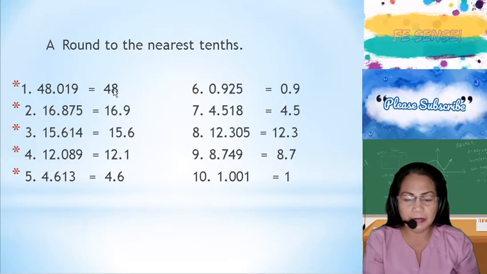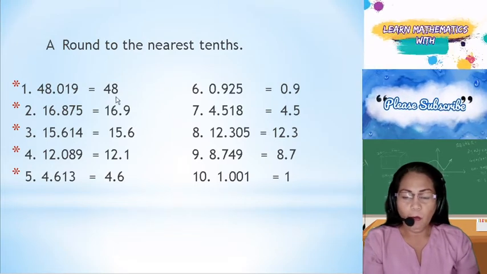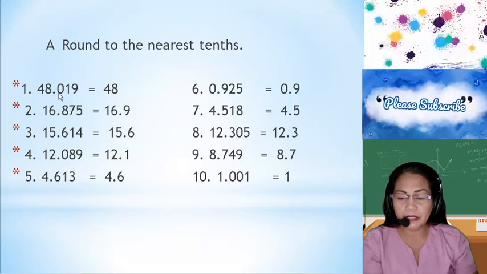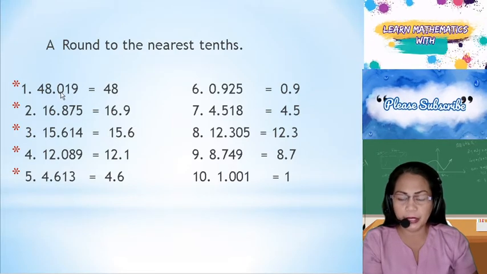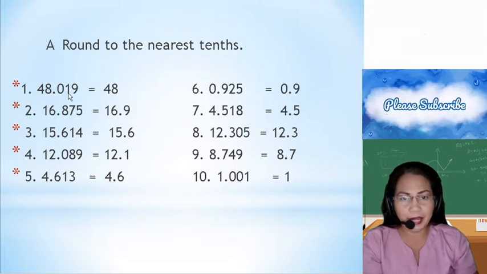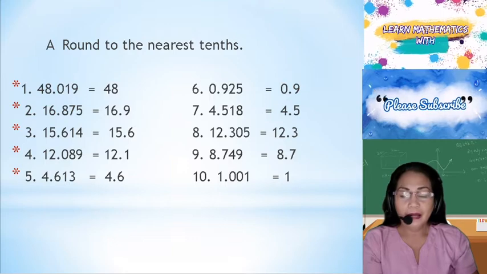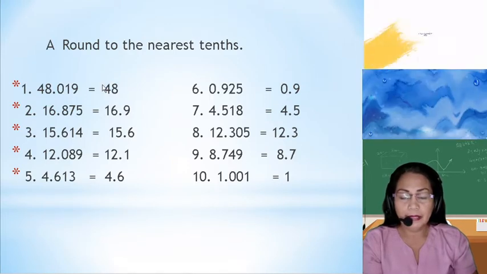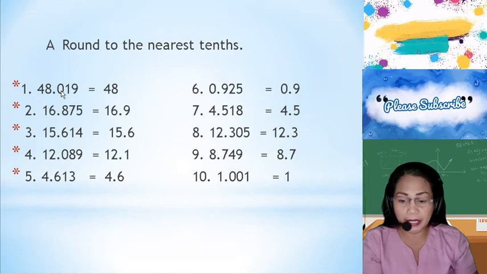Let's examine the answers. Why is this 48, a whole number? Because the number in the tenths place is 0. The number to the right is 1, less than 5. Therefore, drop the number. Retain 0.